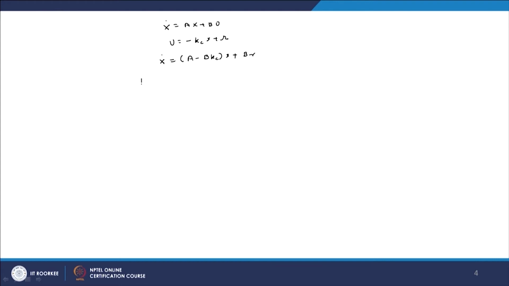Now, the characteristic equation in terms of lambda is lambda I minus A minus B Kc, and this A minus B Kc we can write down as A bar.